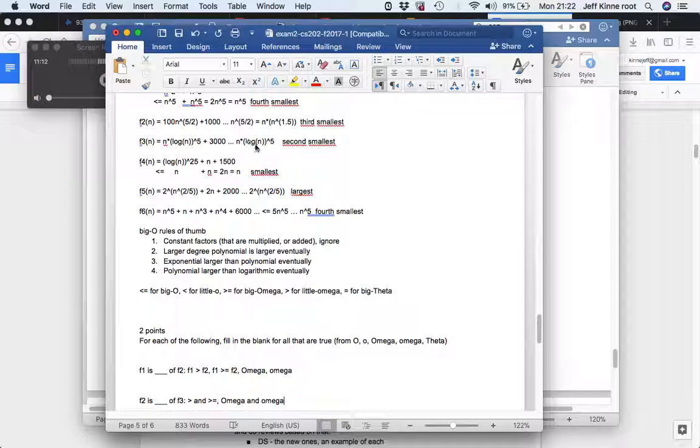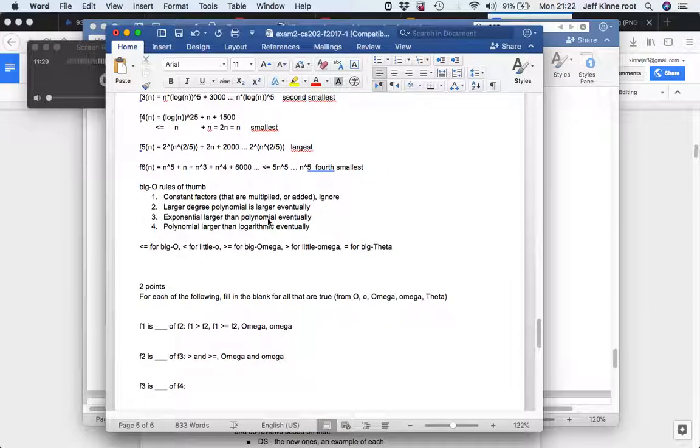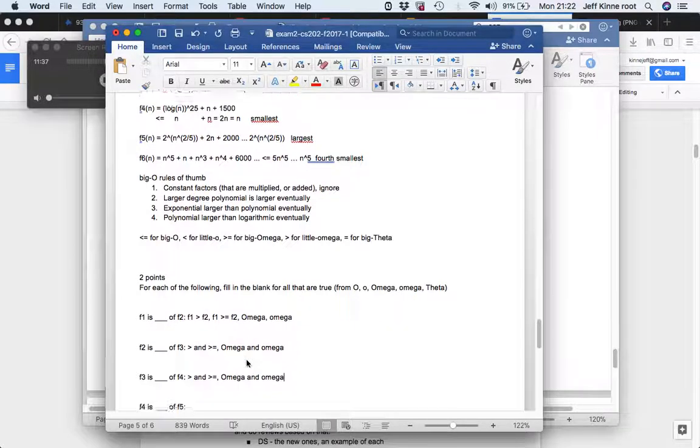We have n times the logarithmic versus n. So the n parts are the same, but then you have something that grows with n. So this will get bigger eventually. Even though log n grows slowly, it still grows. So we're going to get the same result for F3 versus F4. F3 is bigger and bigger than or equal to, big omega and little omega.